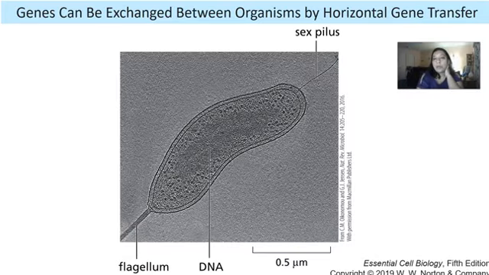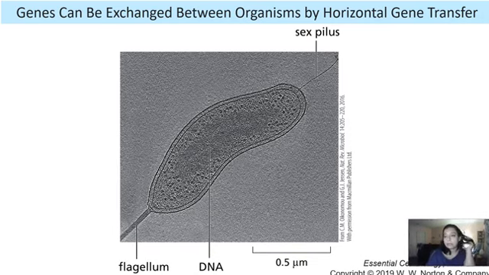Now, the final one that we'll talk about is horizontal gene transfer. Again, a very important driving force for gene evolution, for evolution of organisms. In this case, when we think about bacteria, we think about asexual reproduction where they're just dividing by binary fission. But there is sexual reproduction of sorts in bacteria as well. Certain types of bacteria can reproduce sexually through the presence of their sex pilus.